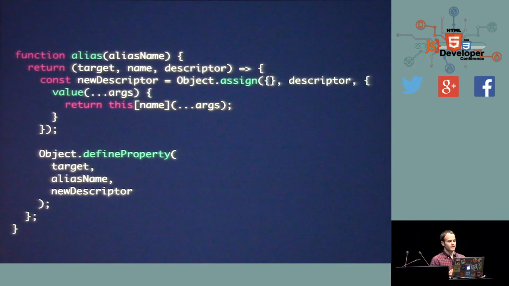And then inside, all we do is instead of returning a new descriptor or modifying the current descriptor, we're just going to add a new property with defineProperty. And the basic gist of it is it's going to basically delegate. So the details of what alias is actually doing isn't as important as the fact that we can parameterize our decorators. And all we have to make sure is they return a function.